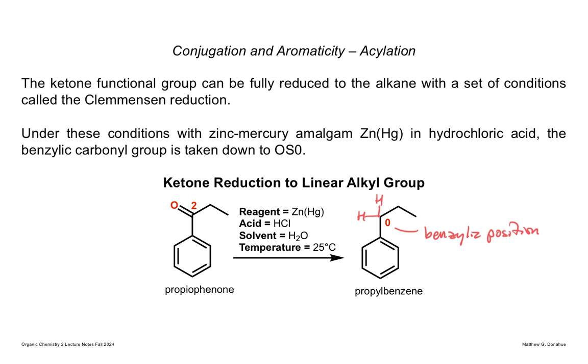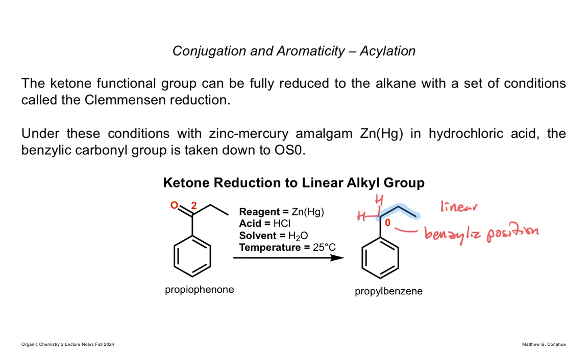And so this strategy of acylation reduction must be used when the chain at the benzylic position is linear. And that will become more evident as we learn the next reaction. But this is also a change of the directing group ability.